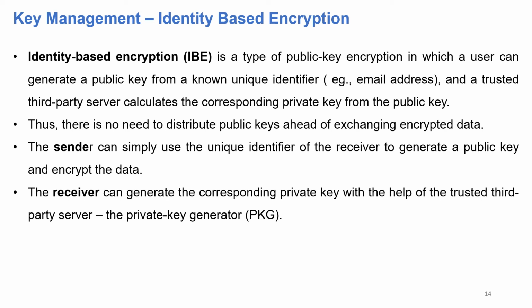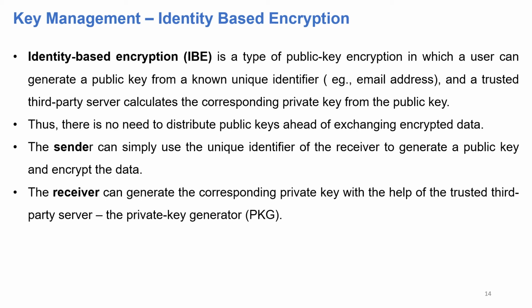So here there is no need to distribute public keys ahead of exchanging the encrypted data. Like I mentioned, once you're logging in to your email address, there is no need to distribute your public keys ahead, right? You just log into your Gmail account by providing your email address.